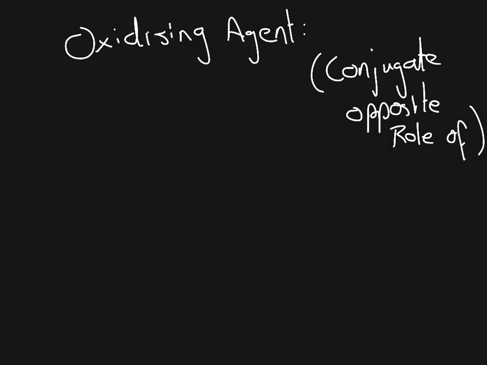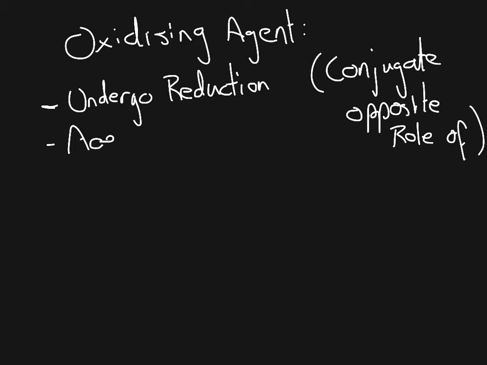So when we're talking about an oxidizing agent, we mean that a certain species likes to undergo reduction. Another way of saying this is that in a redox reaction, it accepts electrons.